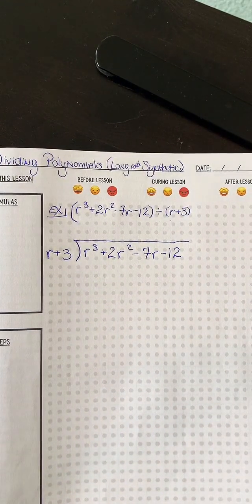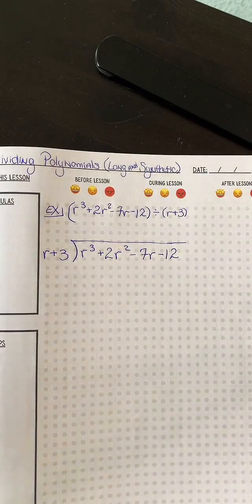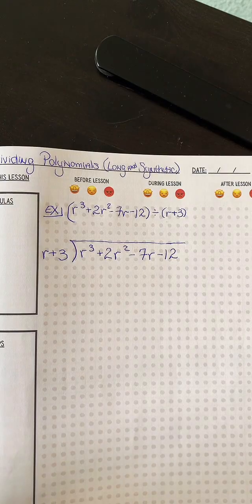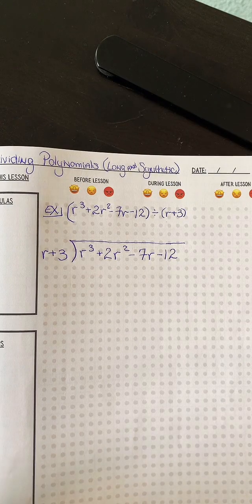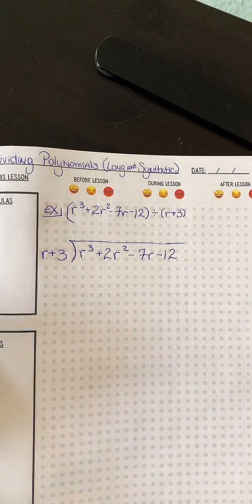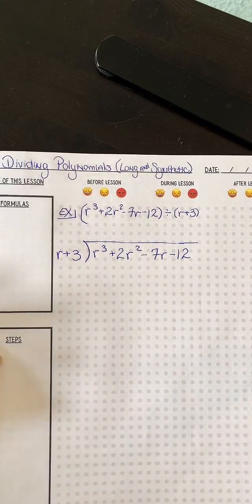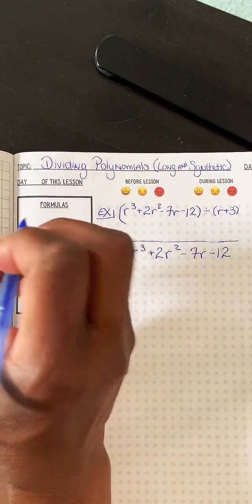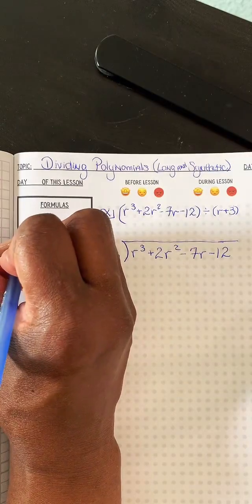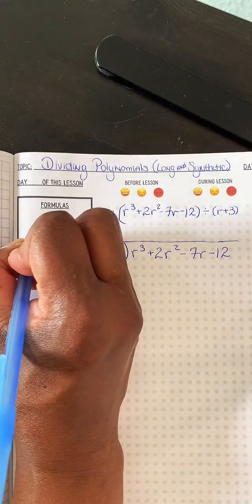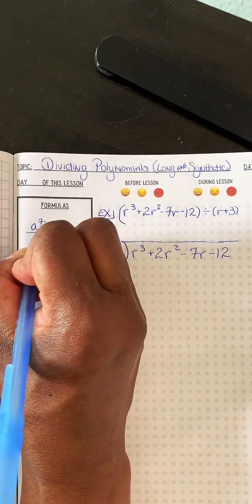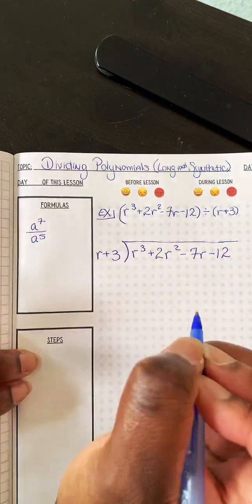When we break this down, we really have to understand the rules of exponents. That's going to be huge, as well as your multiplication. If we're going to divide, let's say I had a to the 7th divided by a to the 5th.